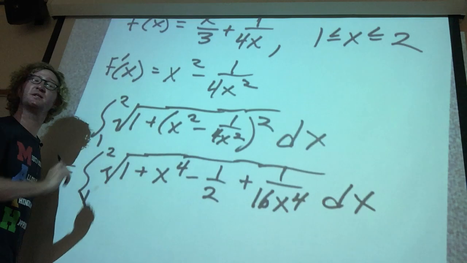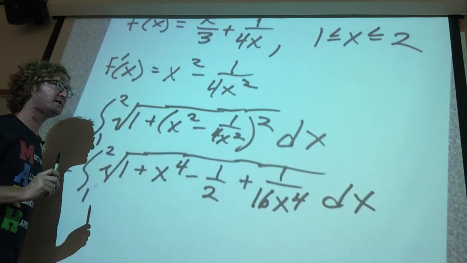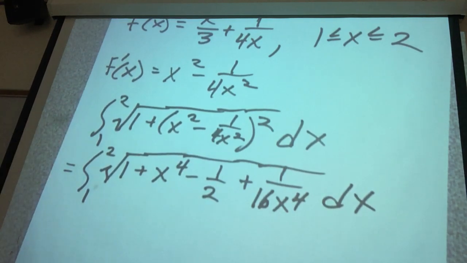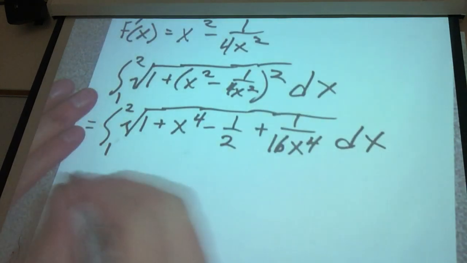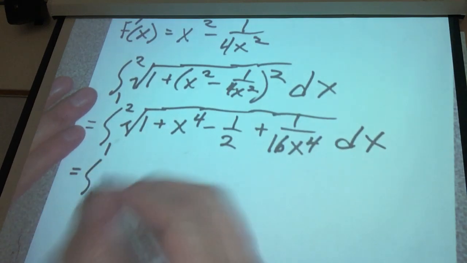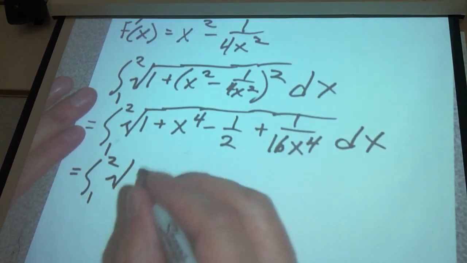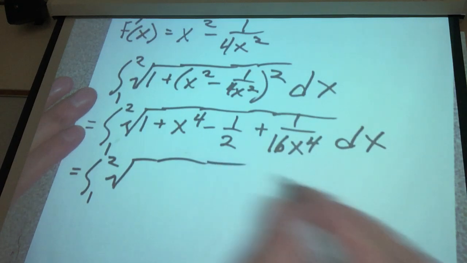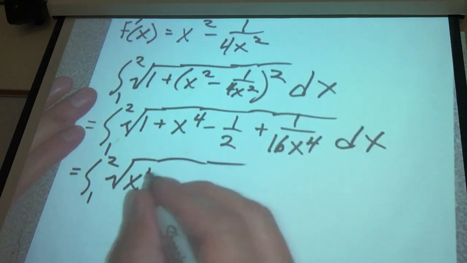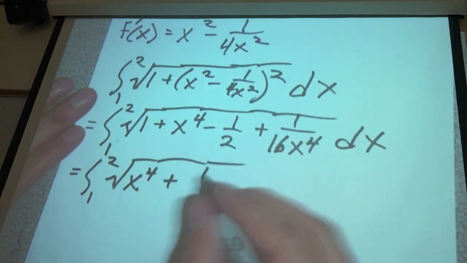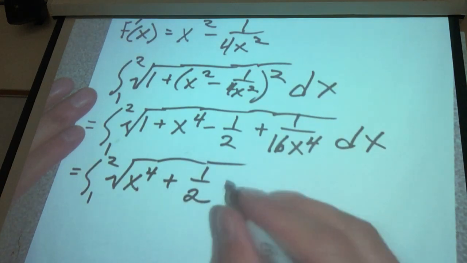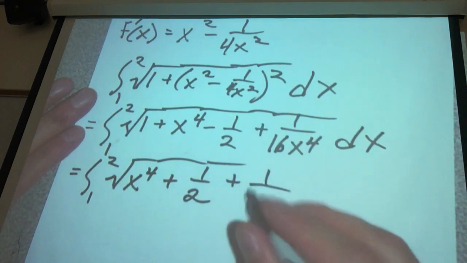So that positive 1 in the negative 1/2 will turn that into a positive 1/2. Okay. So that ends up becoming the integral from 1 to 2 of the square root. That's going to be x to the 4th, and then plus 1/2, and then plus 1 divided by 16x to the 4th.